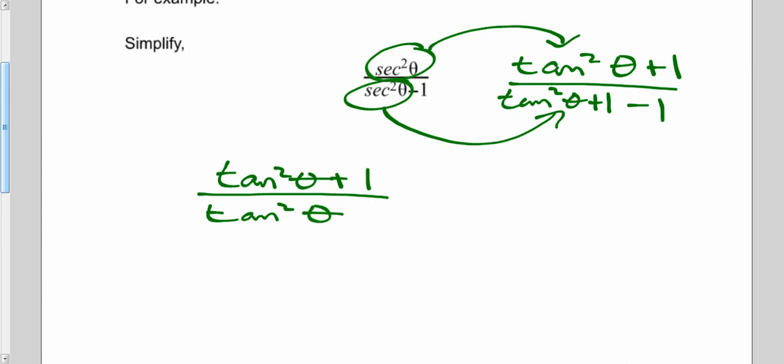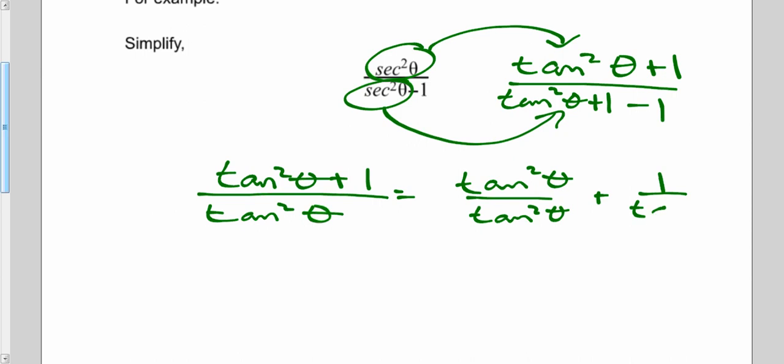Forget the quotient identities. Can I do this? Can I do that? I'm just splitting those into two separate fractions, right? I can do that. Why couldn't I do it up here?